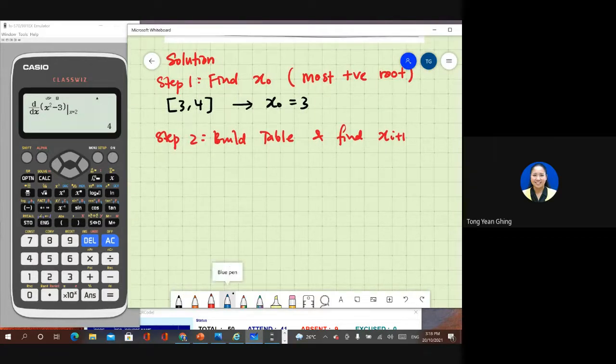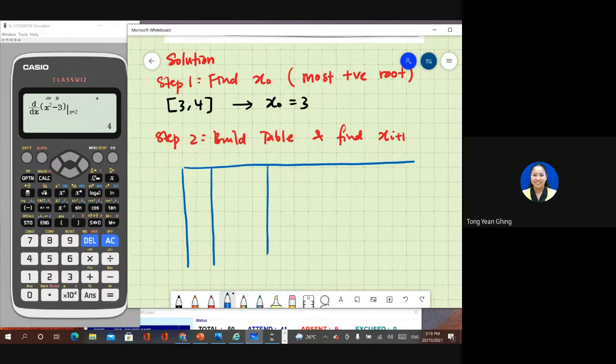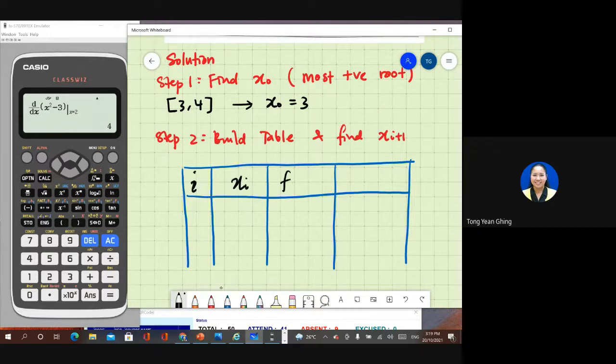Okay, so we do the iteration. This is i, x i, f of x i, f prime of x i.